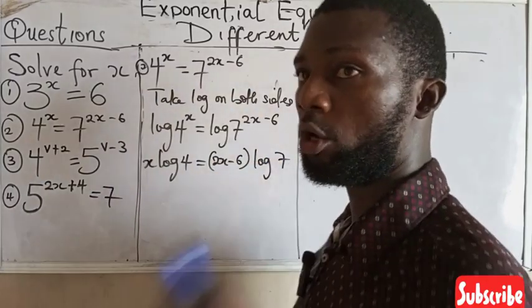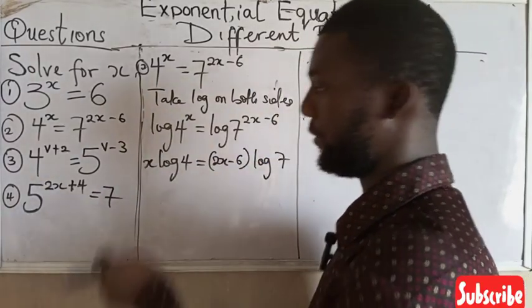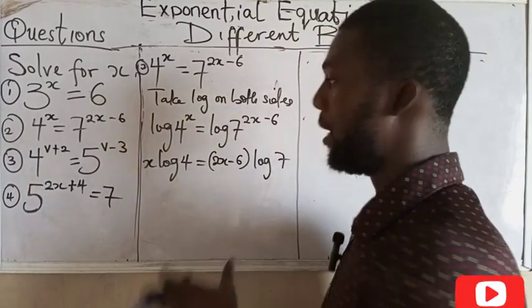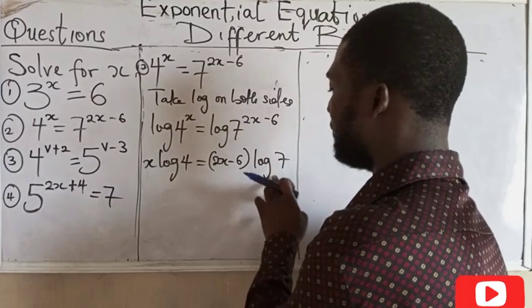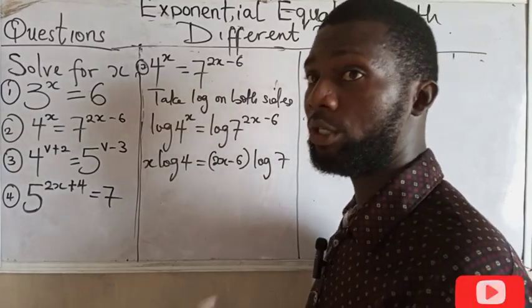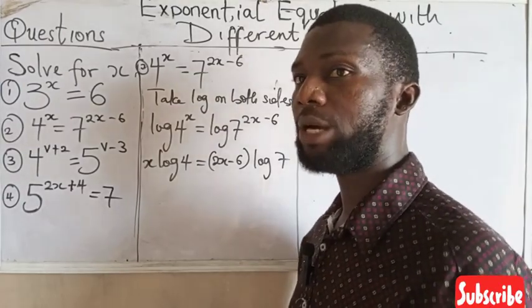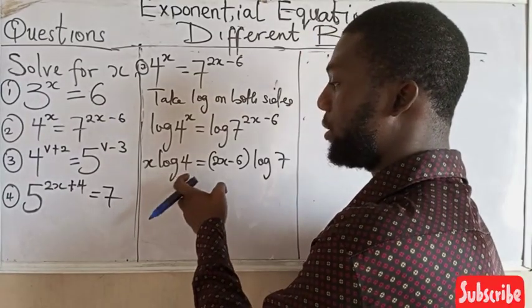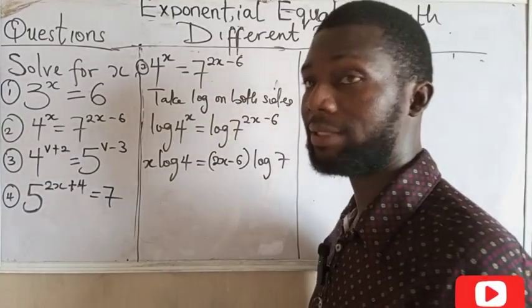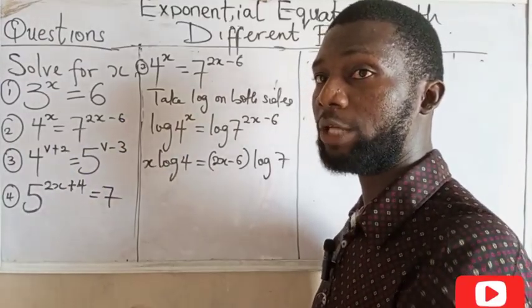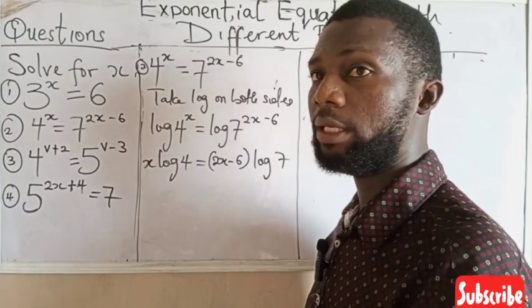Now, there's something you should observe. In my first example, I wrote log 10 here. And in my second example, I didn't write anything like log 10. So this is what I want you guys to note. That when logarithm is in its natural state, you can either write log 10 or you may leave it like that, since it's in its natural state or natural form of base 10.